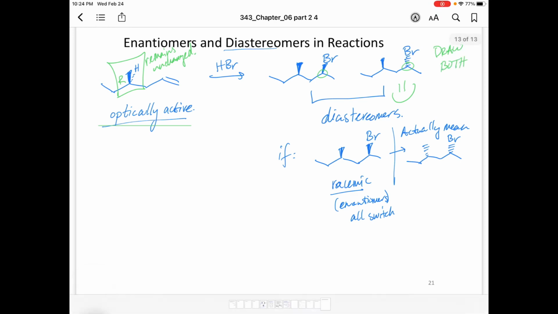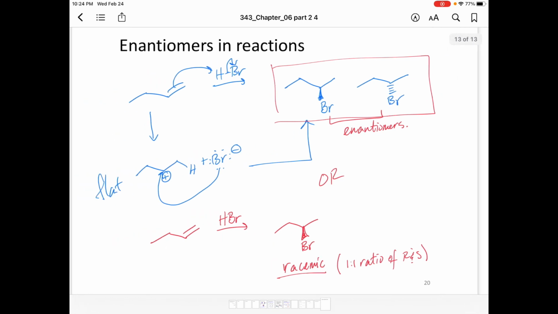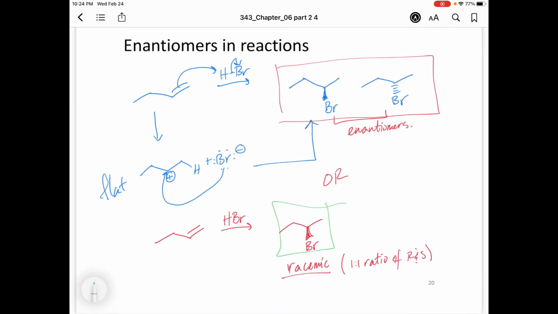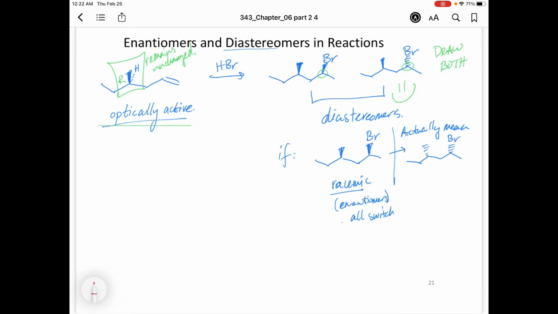Only if you have enantiomers, like this example, can you just draw one and write racemic. So again, be really careful when you use the word racemic because it could be wrong. This would not be correct. The answer that I have above, where both are drawn, is the correct way to show the product for this reaction.